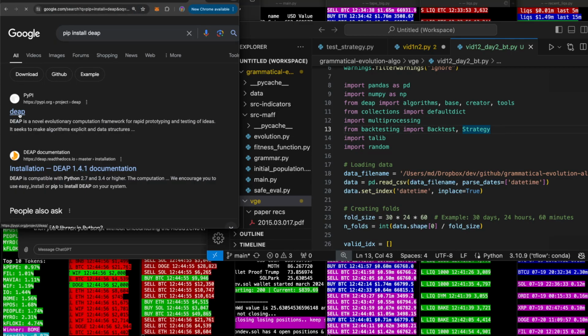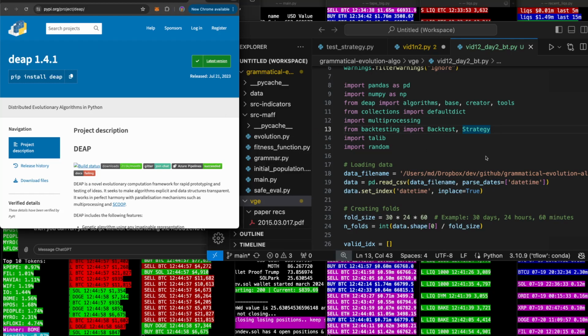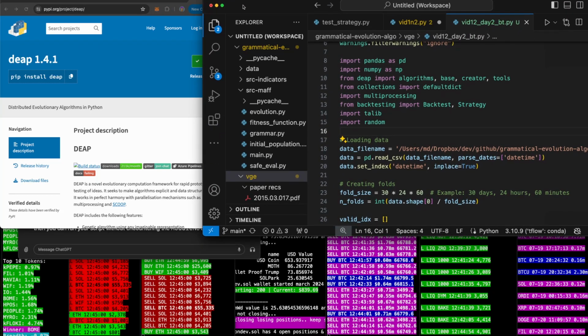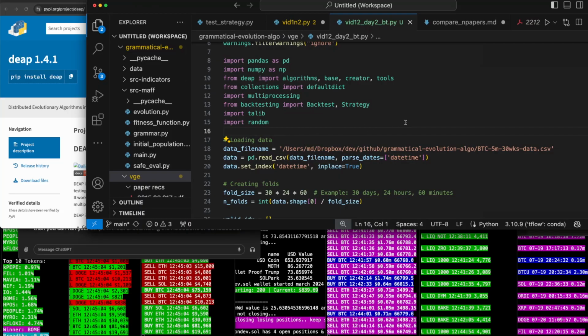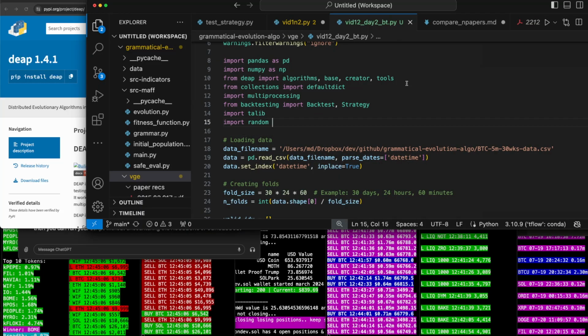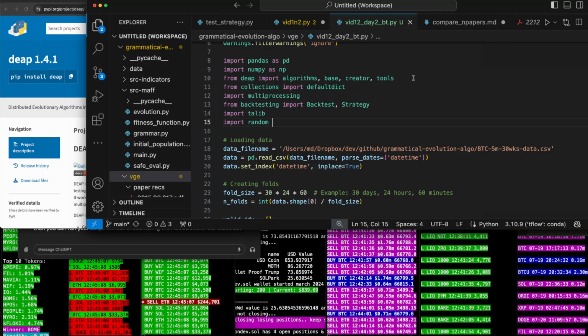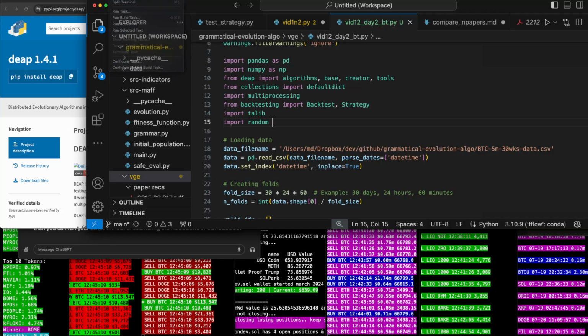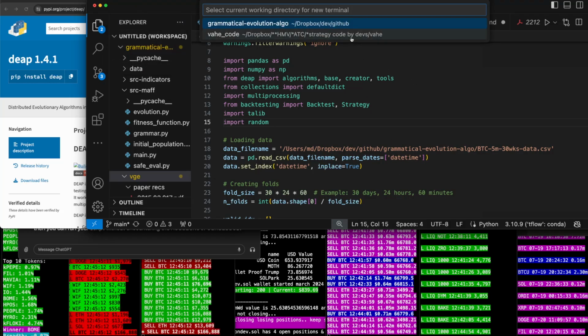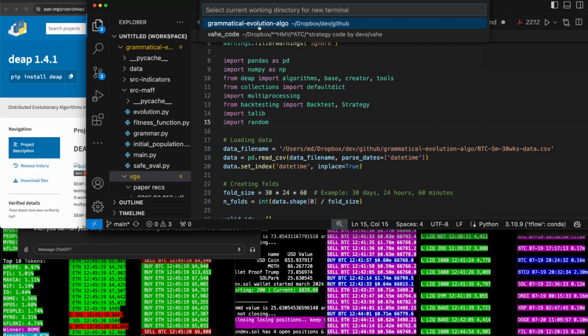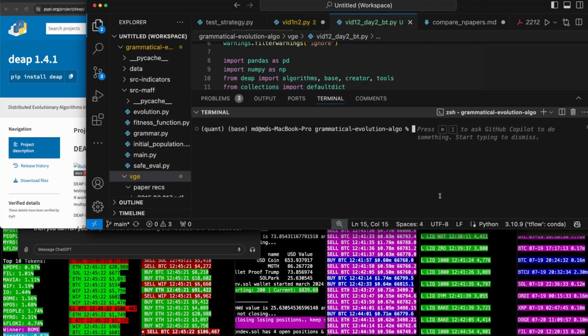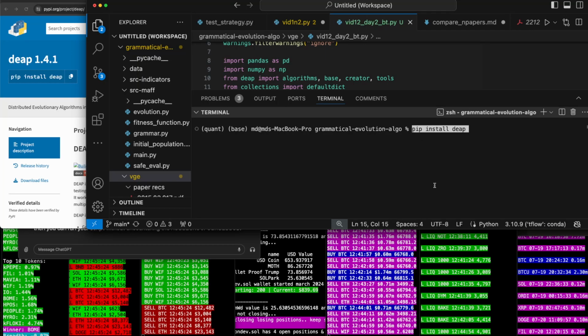Pip install deep. It's in there, dude. I can promise you that. I showed you. Okay, Dropbox, dev. Okay, pip install.